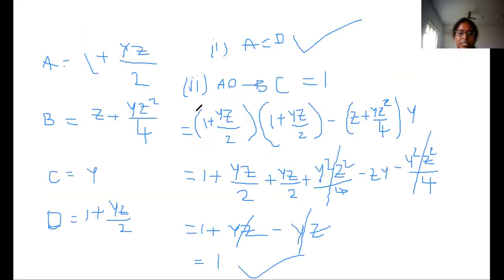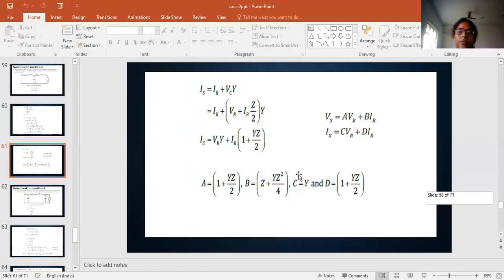We subtract BC from the AD value and calculate, and we get 1. So finally AD minus BC equal to 1. The two conditions are satisfied, so the ABCD parameter calculations are done for the nominal T method.